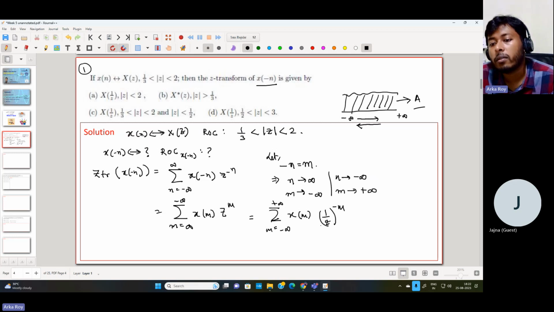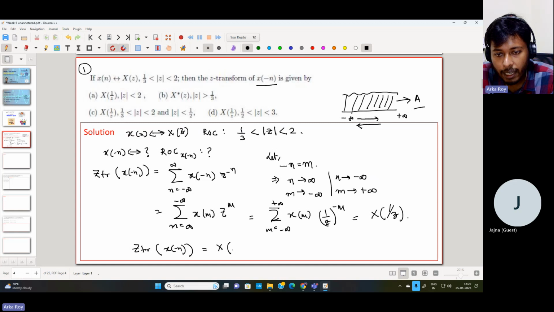If I factorize this, it will be (z^(-1))^(-m). The minus will make the power positive, and it will be z to the power m effectively. So now this is coming in the form of a Z transform representation. I can write it as X(1/z). So the Z transform of x[-n] is X(1/z).